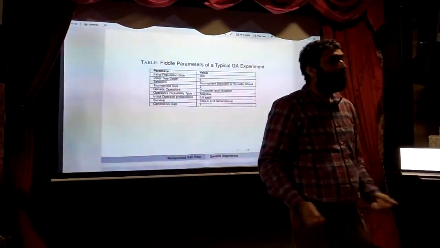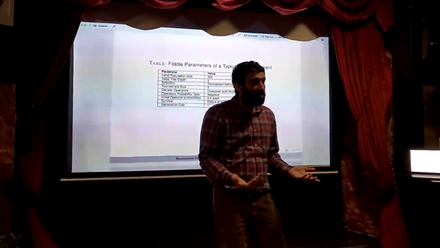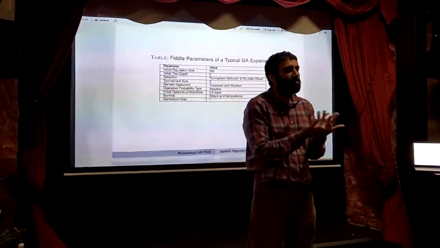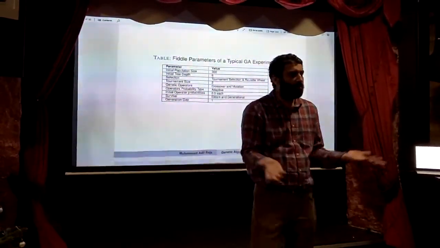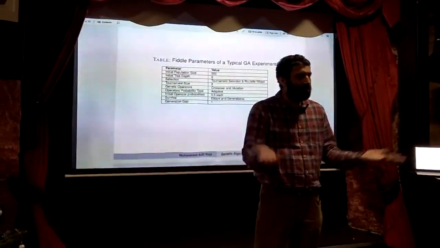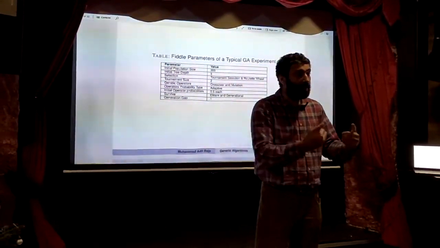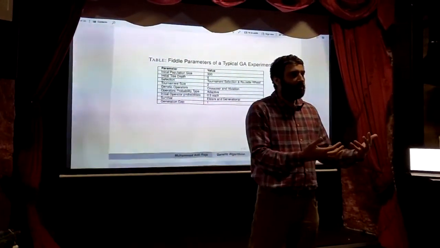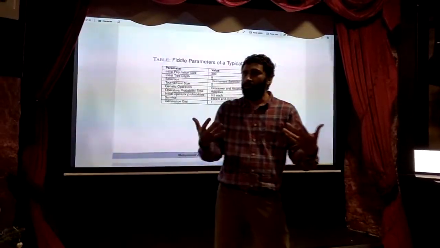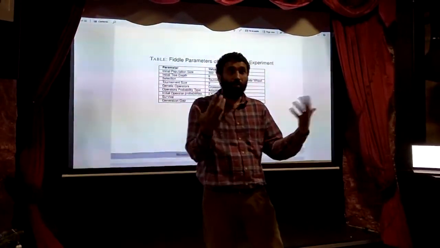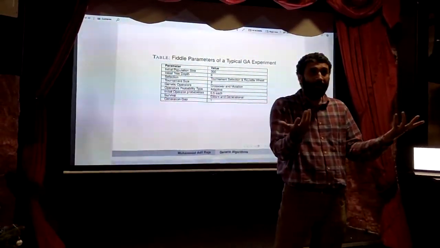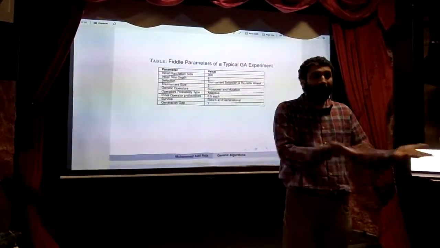So what kind of problems are they used to solve? For instance, they could be used to develop controllers for, let's say, autonomous vehicles. I think it's very important to know how a genetic algorithm fits in.